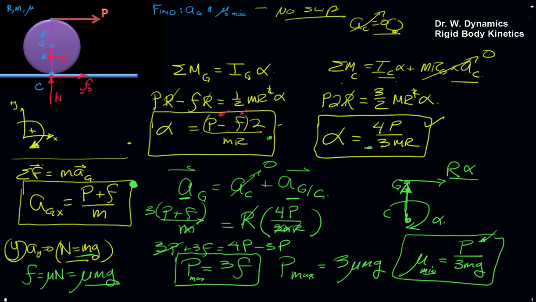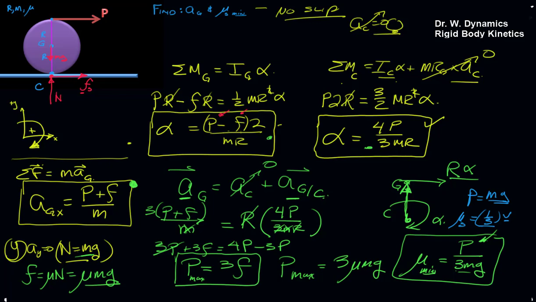So if they tell us what value of P they're pulling on this thing with, that's how much friction we would need to have. For example, if P were equal to mg, which is a fairly large amount of force, the minimum amount of friction to keep us here would be 1/3 in that case, which is a very reasonable amount of friction.